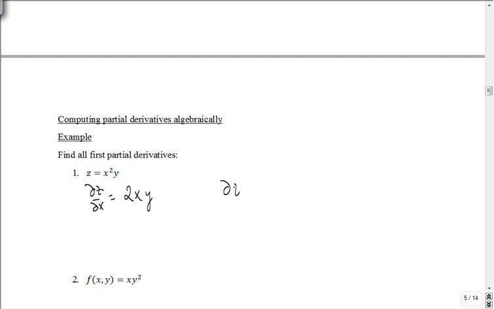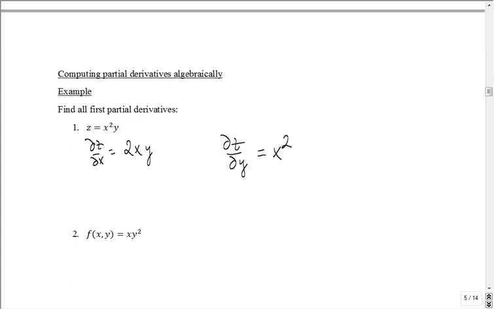With respect to y, x squared is a constant, so when you differentiate with respect to y, you get x squared. Any questions on that? No, that's not a product. Don't think of the product rule yet. We're in functions of two variables, so we are just partially differentiating. Let's do number 2.